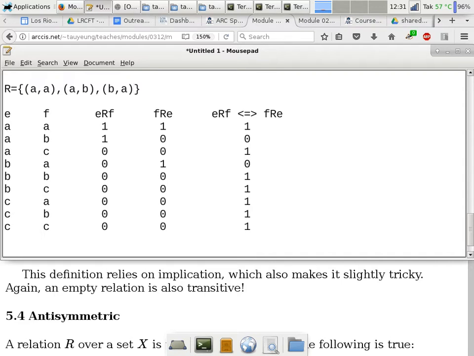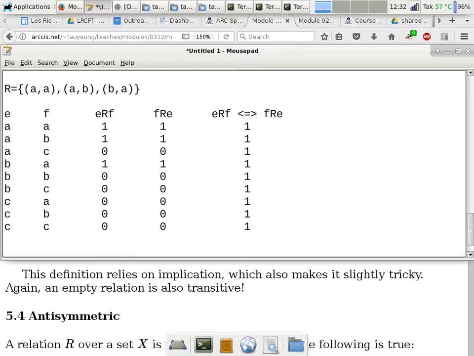This becomes true now, and that becomes true now, which also means if you look at the last column, the rightmost column, everything is true, and as a result, this relation is symmetric again. So are we doing okay so far, looking at these examples and understanding how we define symmetry in relations?